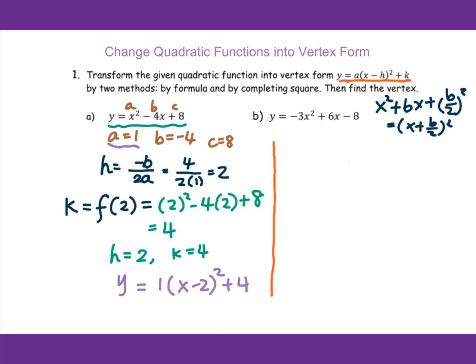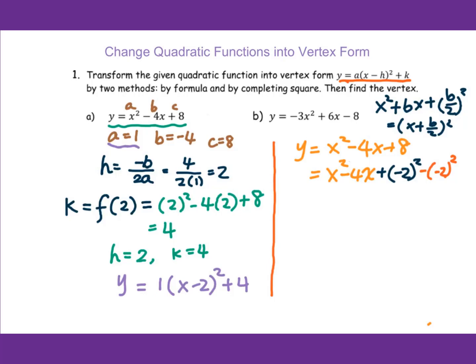Now I'm going to use completing the square to work this out. y equals x squared minus 4x plus 8. I have x squared minus 4x. Then I add b over 2 squared, that's negative 2 squared. Since I add negative 2 squared, I have to subtract negative 2 squared.